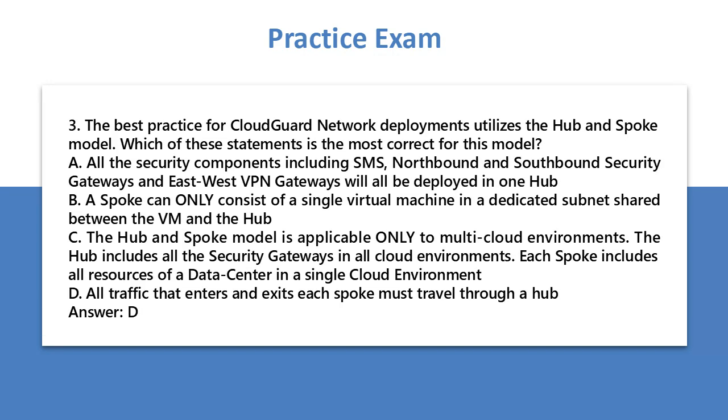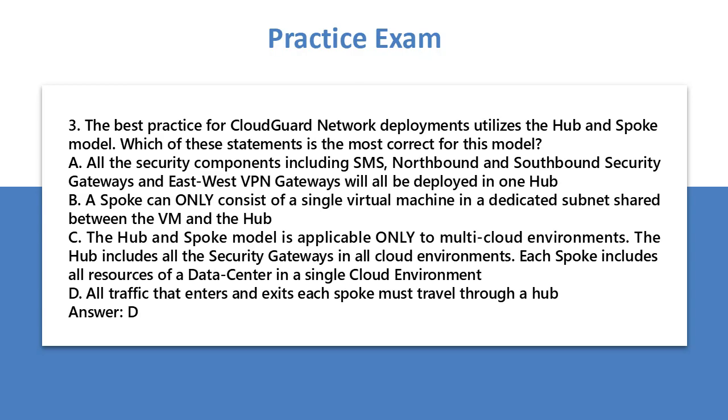3. The best practice for CloudGuard network deployments utilizes the hub and spoke model. Which of these statements is the most correct for this model? A. All the security components including SMS, northbound and southbound security gateways and east-west VPN gateways will all be deployed in one hub. B. A spoke can only consist of a single virtual machine in a dedicated subnet shared between the VM and the hub.